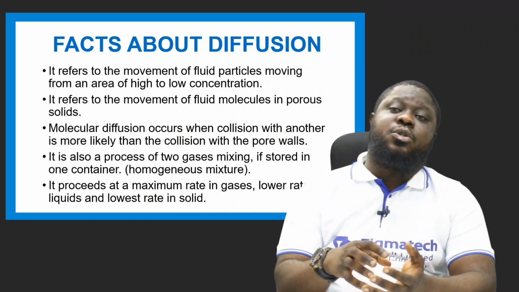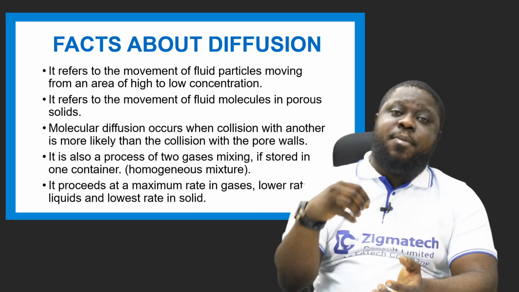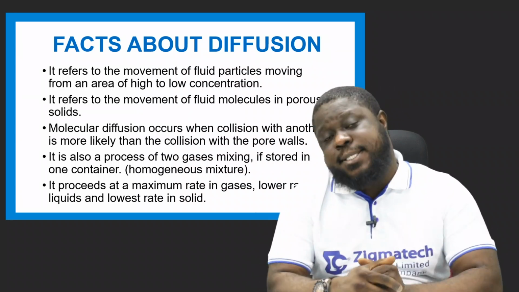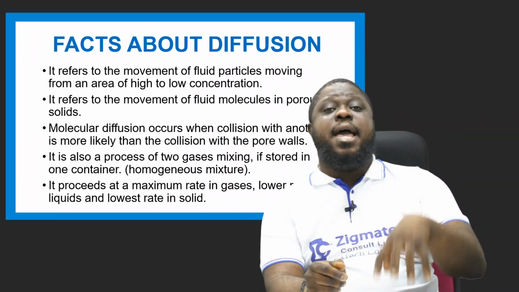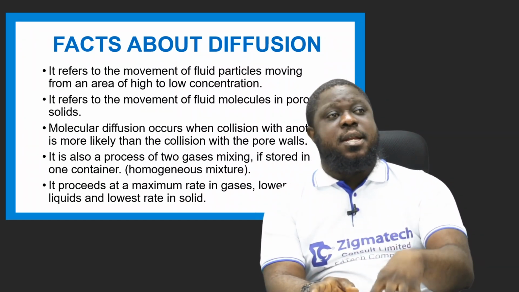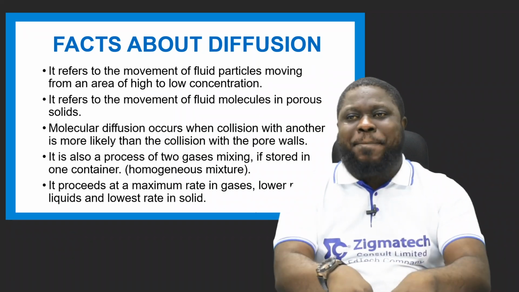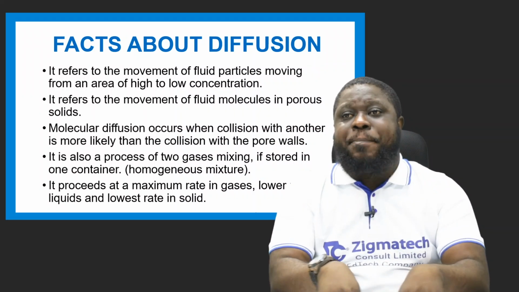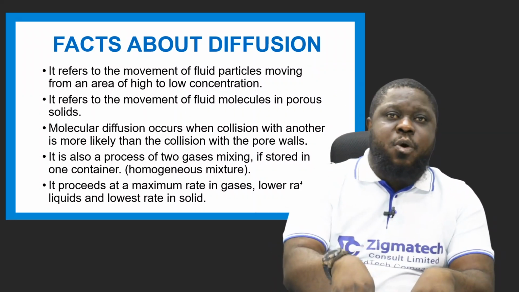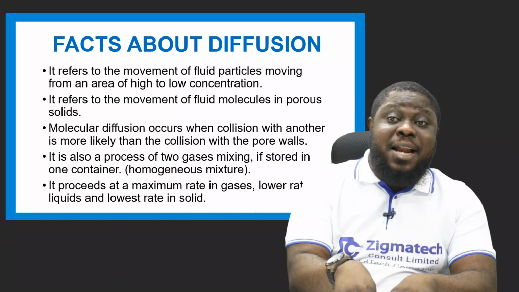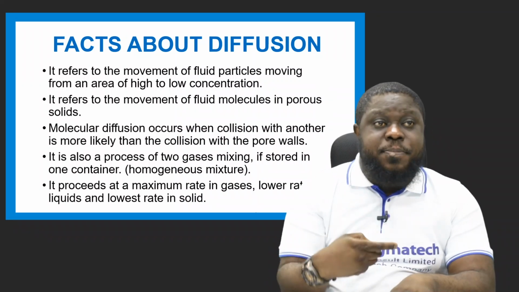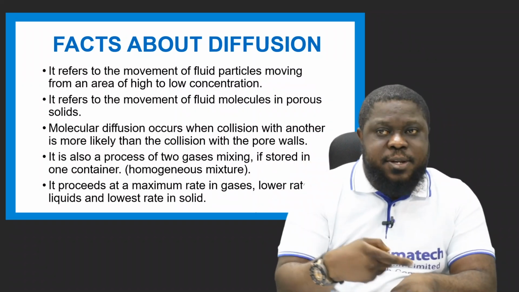Remember, for a solid to turn to a fluid, it must be exposed to heat. The heat gained, like I told you, in melting, is used to scatter the molecules, the particles. When it scatters the particles, the solid will melt and turn to a fluid, which means a liquid.